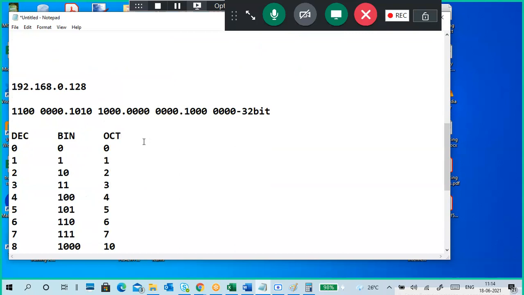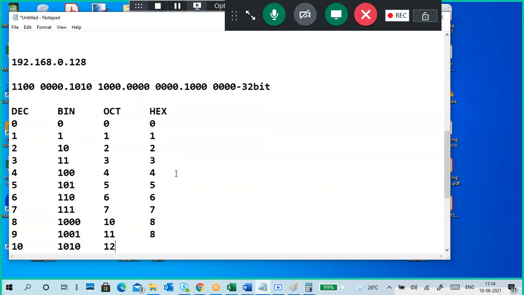Only one more is there, that is hexa. Again this is 0, 1, 2, 3, 4, 5, 6, 7, 8, 9.